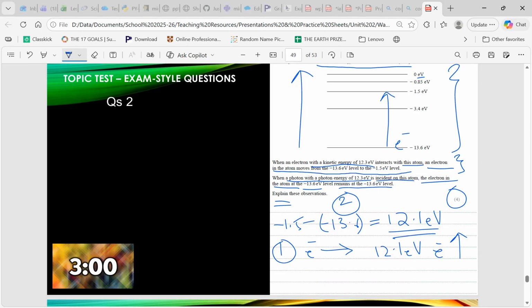But what happens to the remaining energy? How much is the remaining energy? 0.2 electron volts. 0.2 electron volts is retained by this external electron as its kinetic energy. So this external electron keeps on moving, but with a much lesser kinetic energy, as it transfers the rest of its kinetic energy to the electron within an atom and hence undergoes excitation.